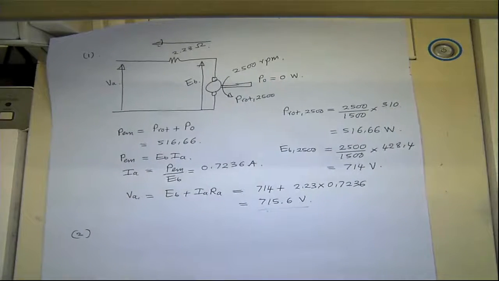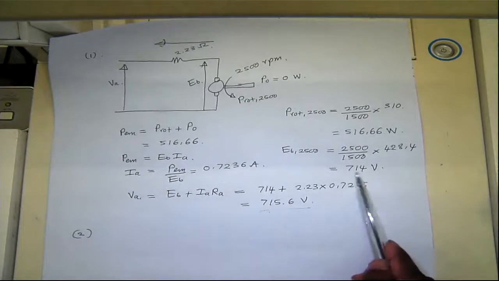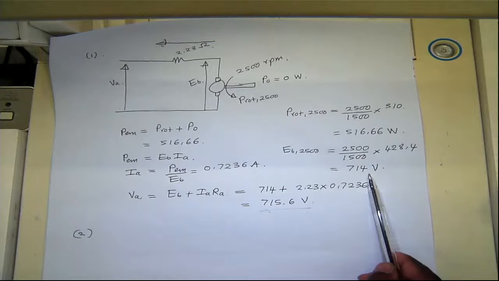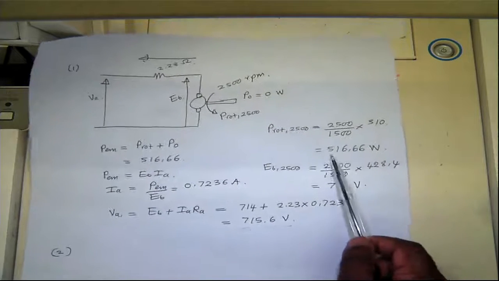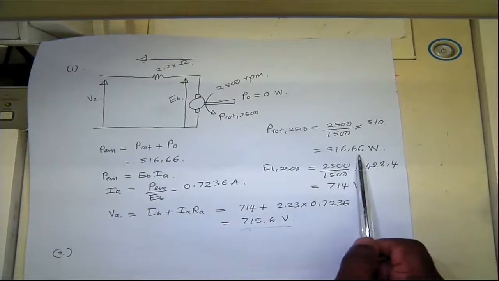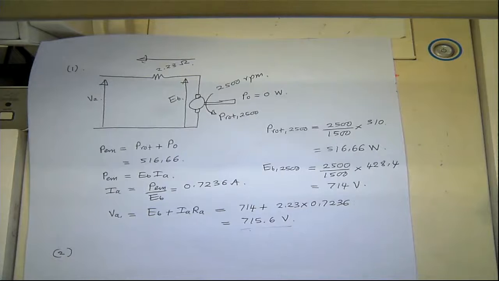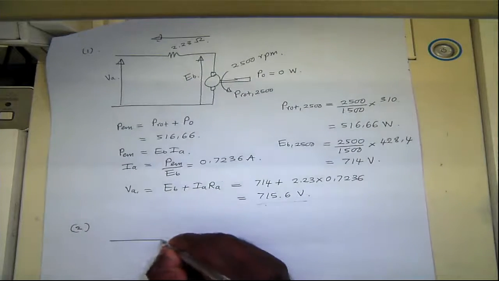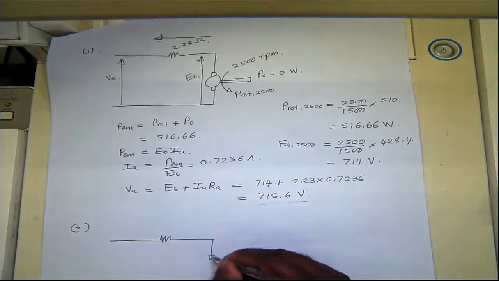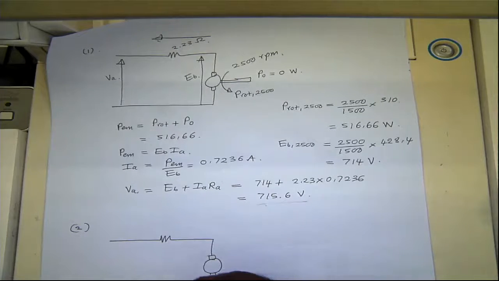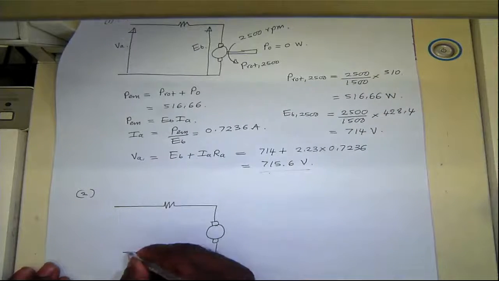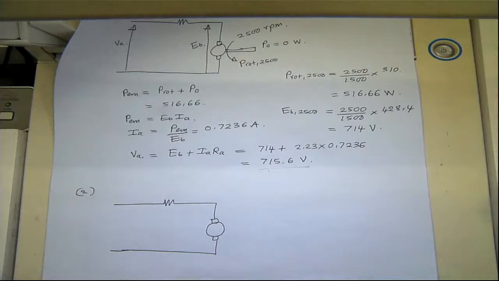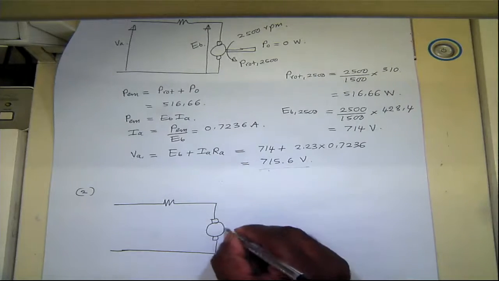To achieve this with the limited voltage, you need to weaken the field, dropping it to a lower value such that the power you want at that particular speed is supplied. Now if we redraw this, the field circuit is no longer at rated conditions, it's a reduced field voltage.